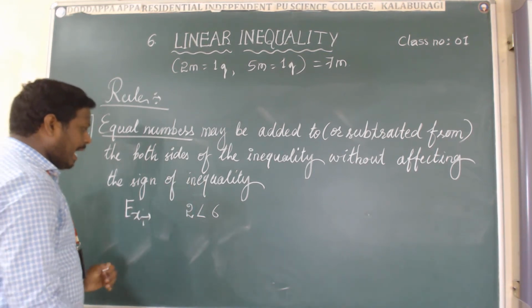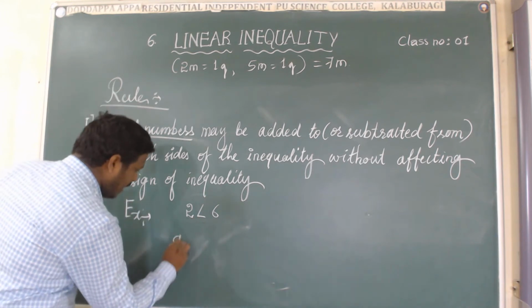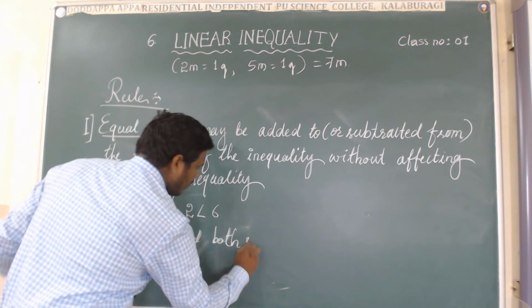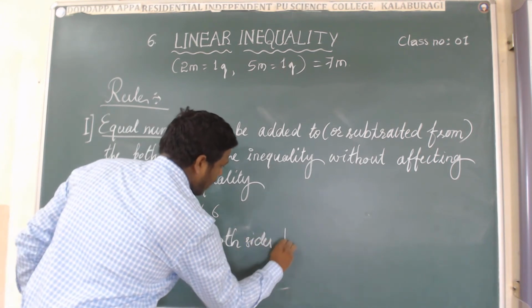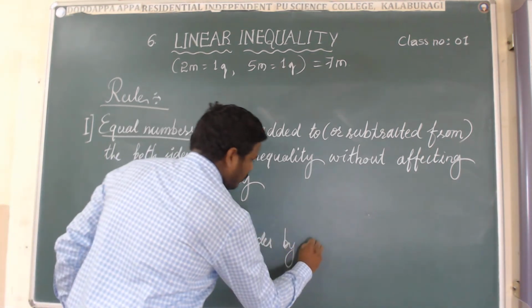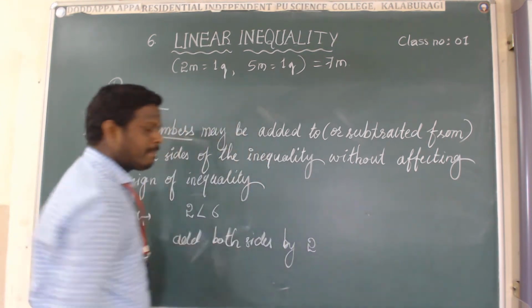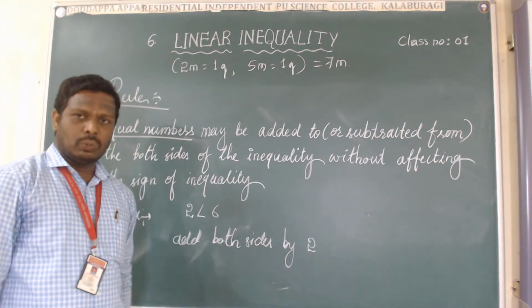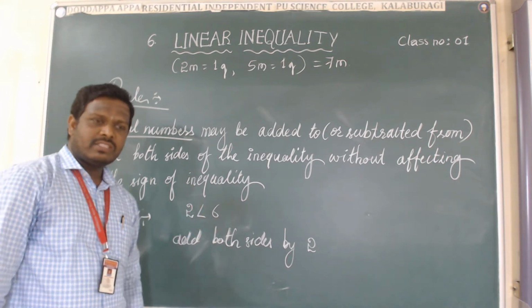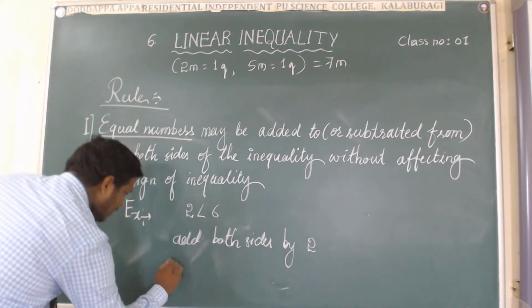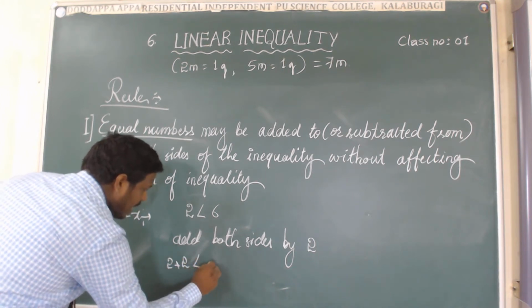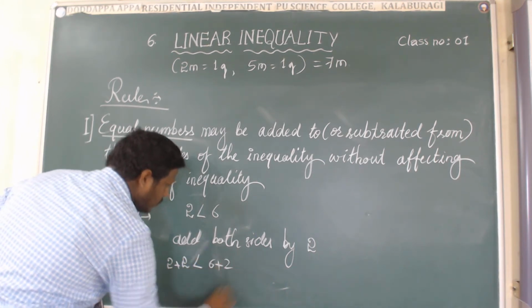Yes, I am going to add both sides by 2. See here, add both sides by 2 in this given statement. What will happen? 2 plus 2 is less than 6 plus 2.